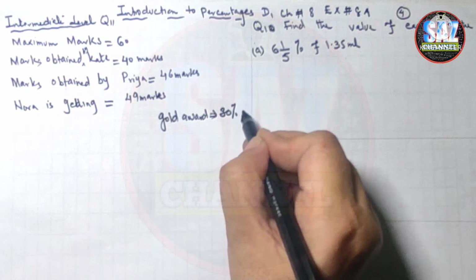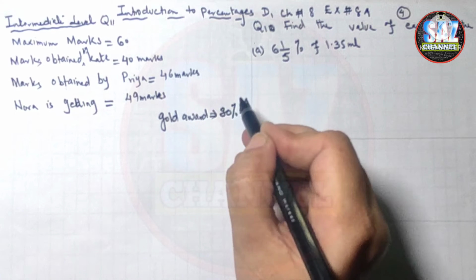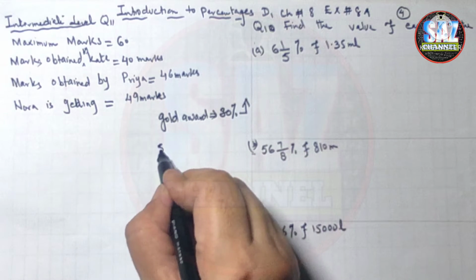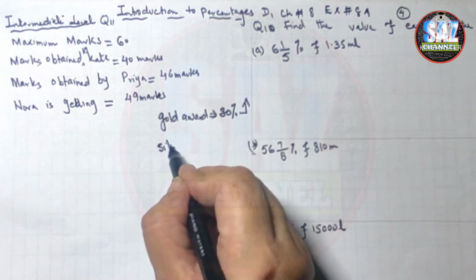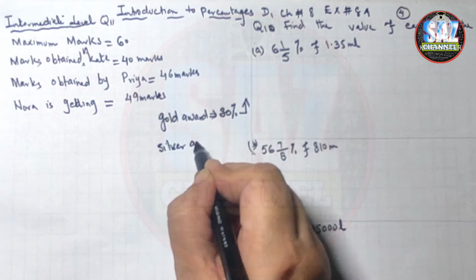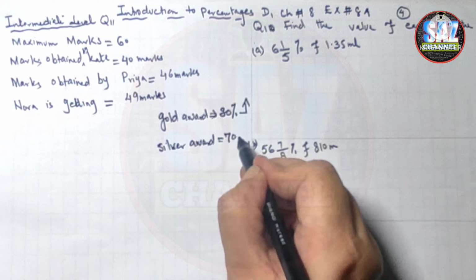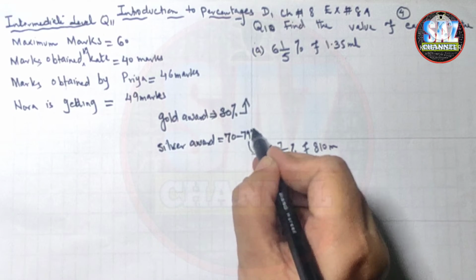Then those who score 70 to 79 inclusive get the silver award. The range is 70 to 79%.